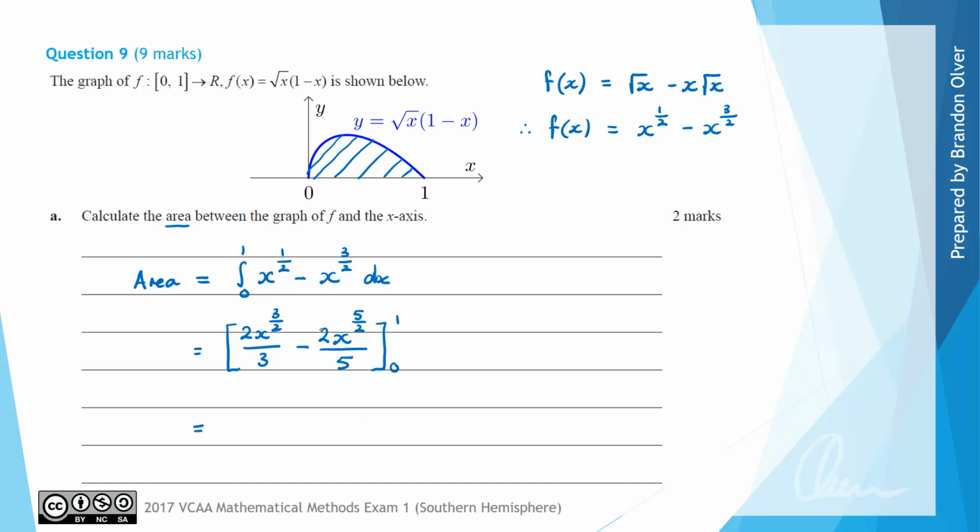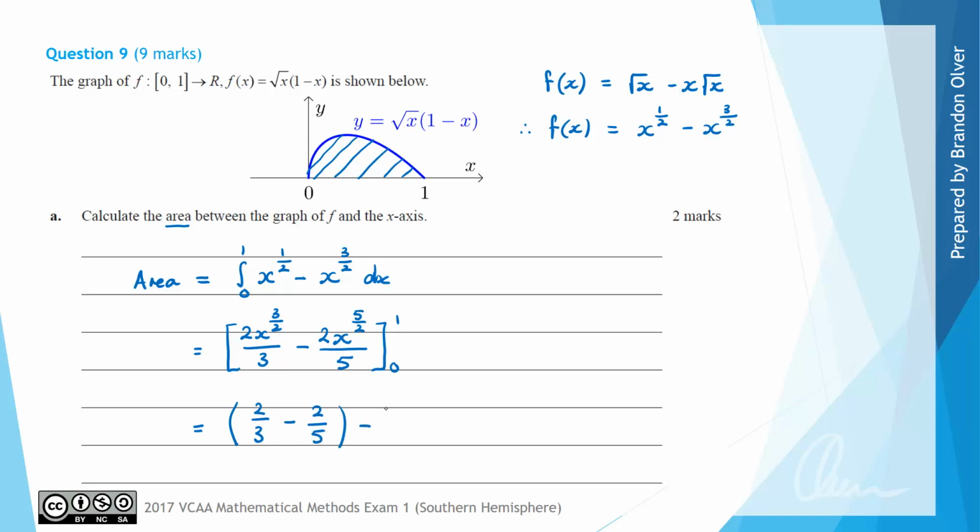Now to evaluate this, we substitute in our upper terminal of 1. 2 times 1 to the power of 3 on 2, well 1 to the power of 3 on 2 is simply 1, so we just get 2 on 3. The same logic holds here, where we put 1 in, and 1 to the power of 5 on 2 is still 1, so we have minus 2 on 5.